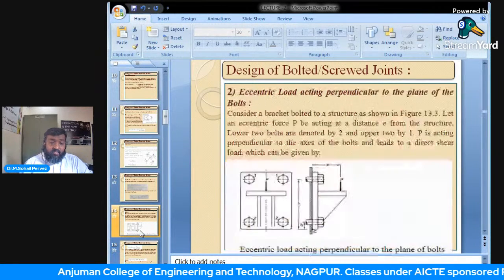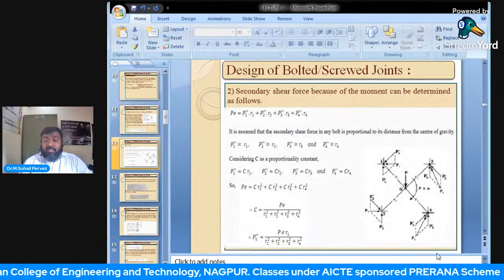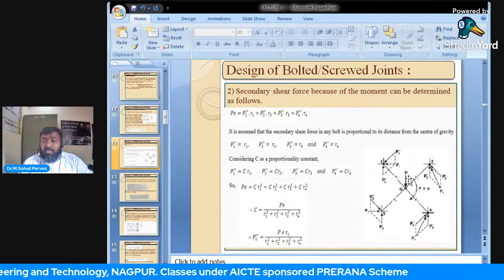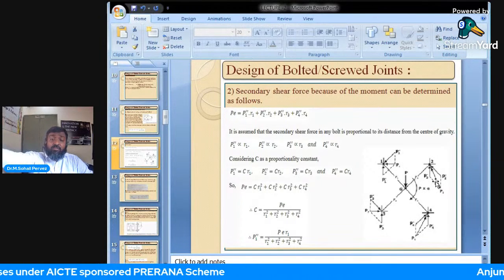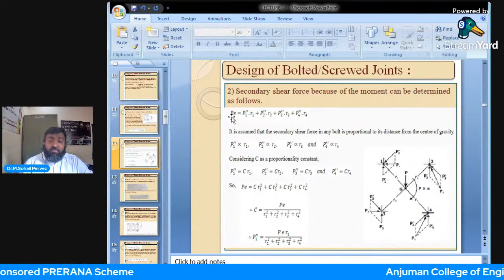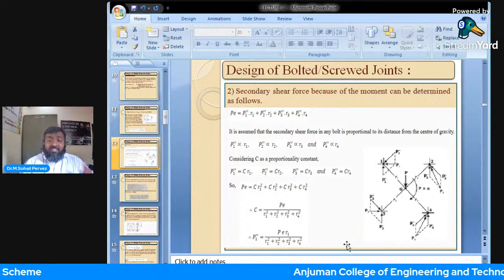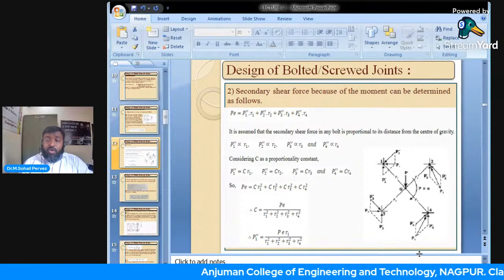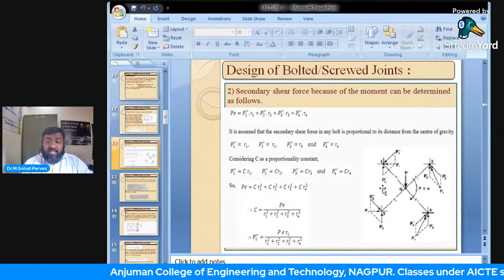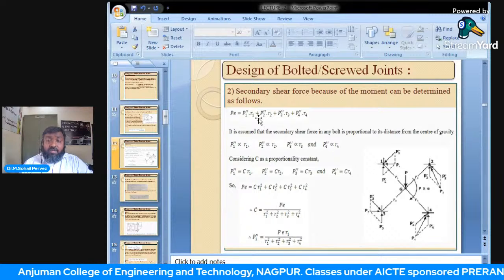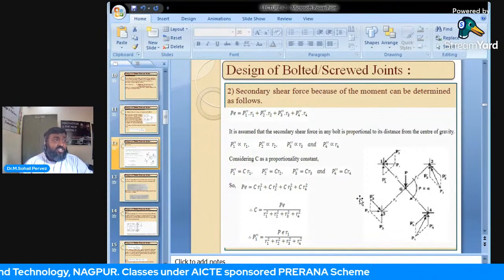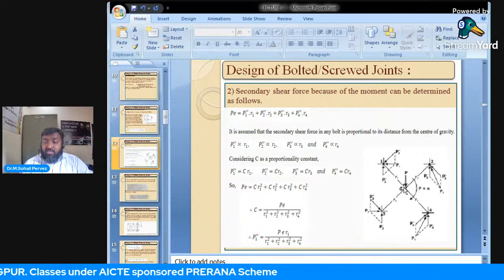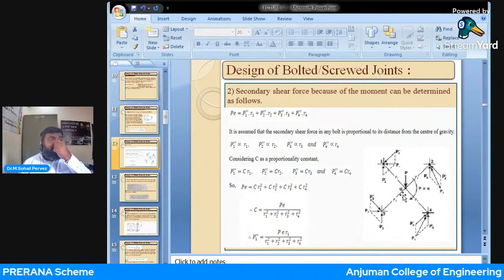On the same lines, I'm repeating here. Individual 1, 2, 3, 4 will try to resist that turning moment. That moment is P into E, and that is resisted by the distance of each rivet and the secondary force P1 double dash, P2 double dash, P3 double dash. That is the secondary shear force at a distance of R1, R2, R3, R4 from the center of gravity of the system.